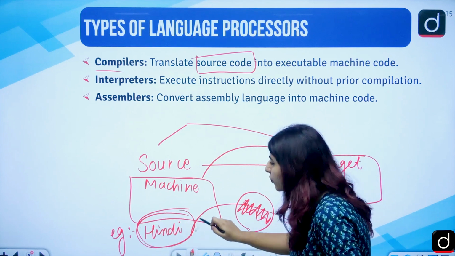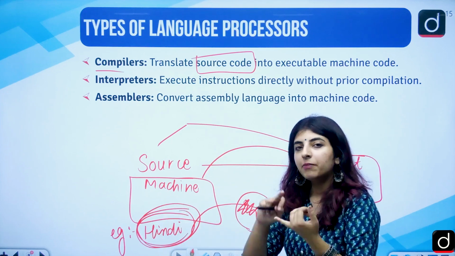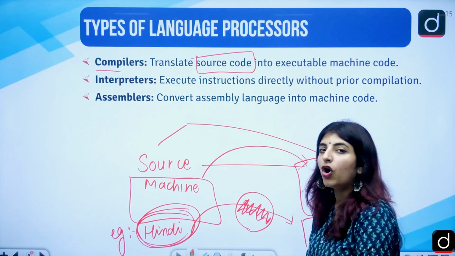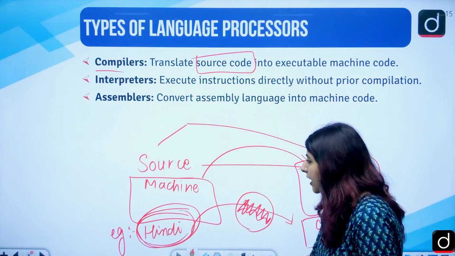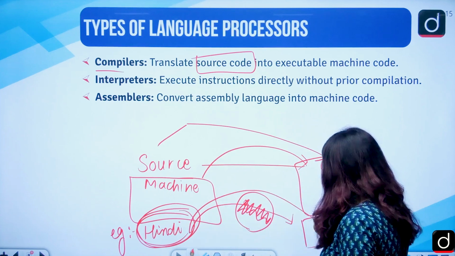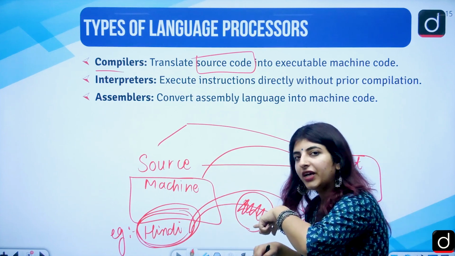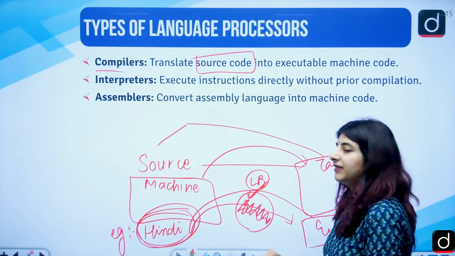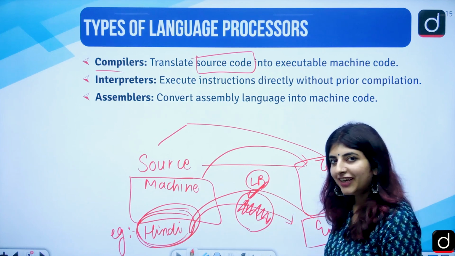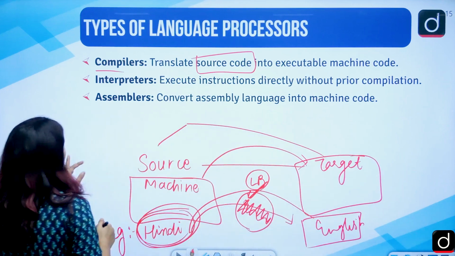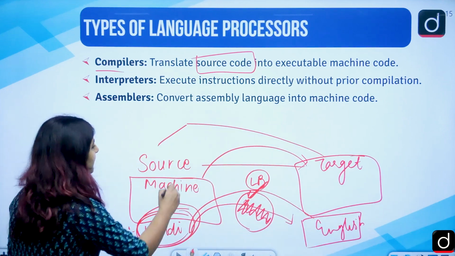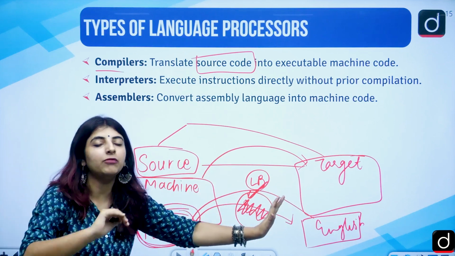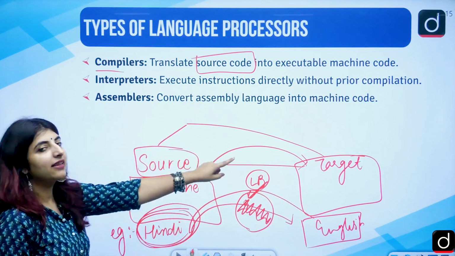The language that I'm using here, be it machine level language, high level language, or low level languages comprising the assembly language as well, the language processor will change it into the other language. I hope things are clear to you now, right? So this is the source, and the language into which I want the program to be translated is known as the target language.